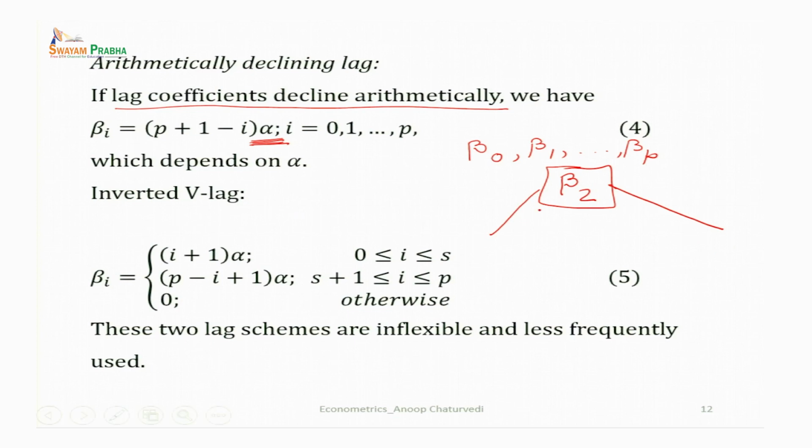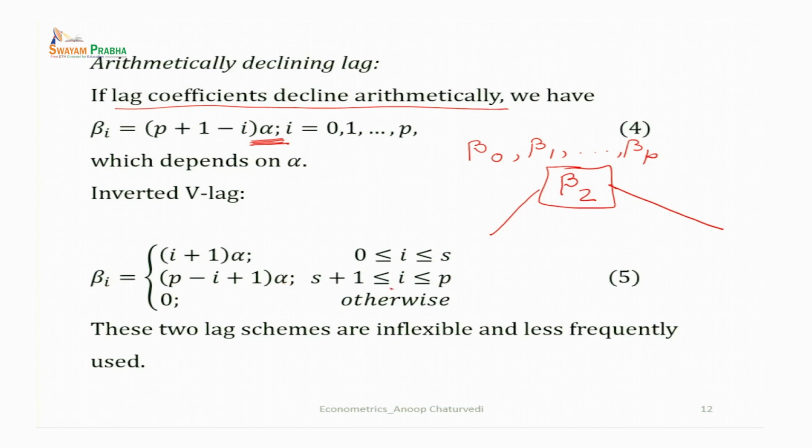So, to model such kind of phenomena, we take beta i equal to i plus 1 times alpha for i greater than or equal to 0, less than or equal to s. So, up to i equal to s, these weights are linearly increasing, and then for i lying between s plus 1 to p, beta i is equal to p minus i plus 1 into alpha.